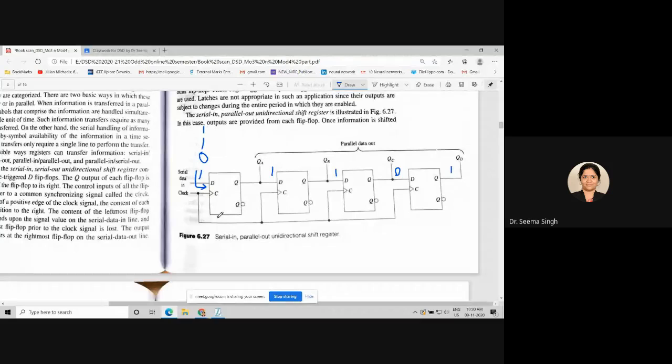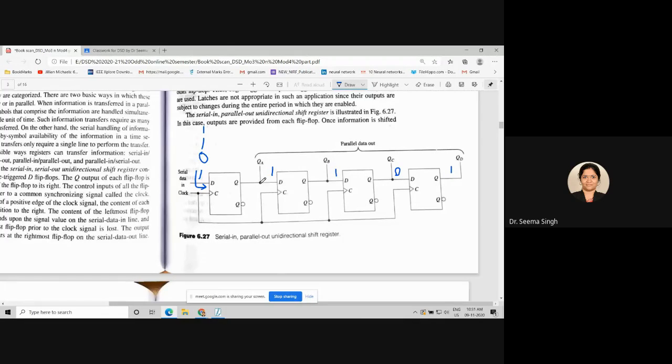Only when I make the clock available will the output be equal to the input, or parallel data out QA, QB, QC, QD will be equal to DA, DB, DC, DD, because you know that only at the clock signal will Q be equal to D. If you do not give clock, Q will remain whatever it was, like a memory. So if clock is high, then only Q is equal to D.